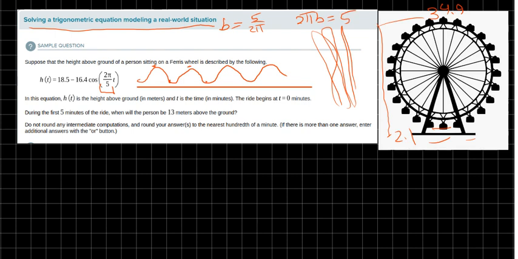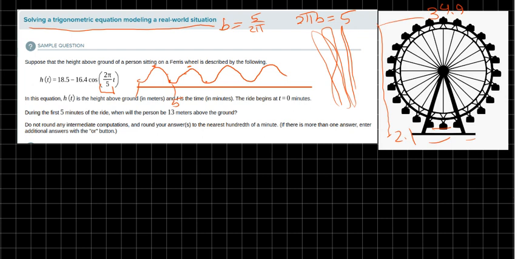So this period here is going to be 5. That means it's going to hit the same height 2 times every 5 minutes, unless we're at the very top. It'll only hit the top or the bottom once, but the other heights it's going to hit 2 times every 5 minutes.